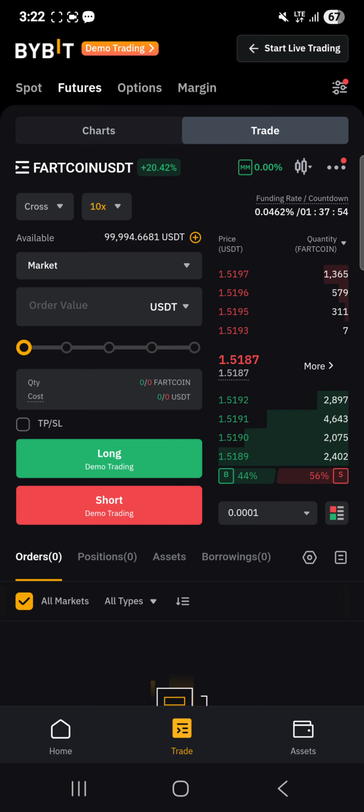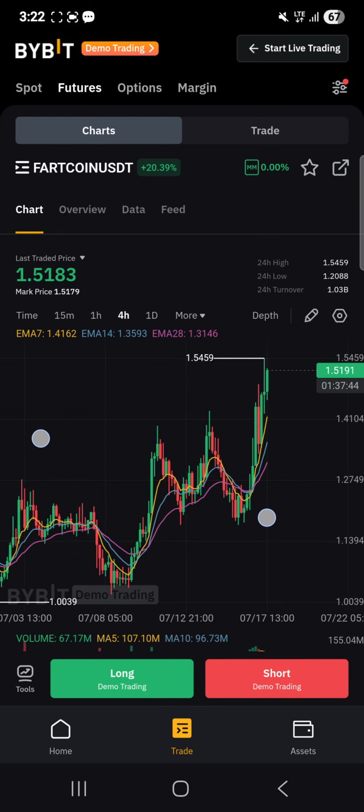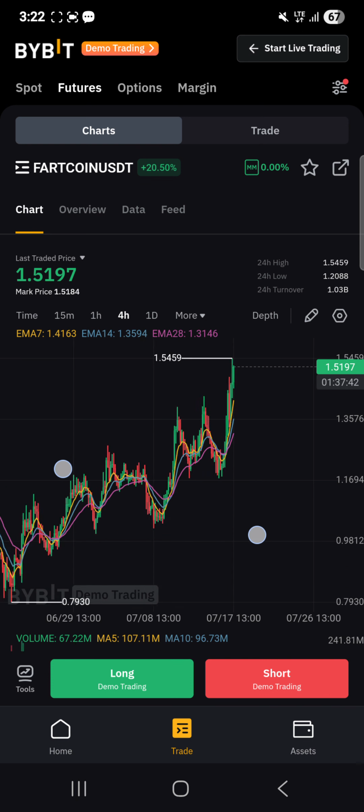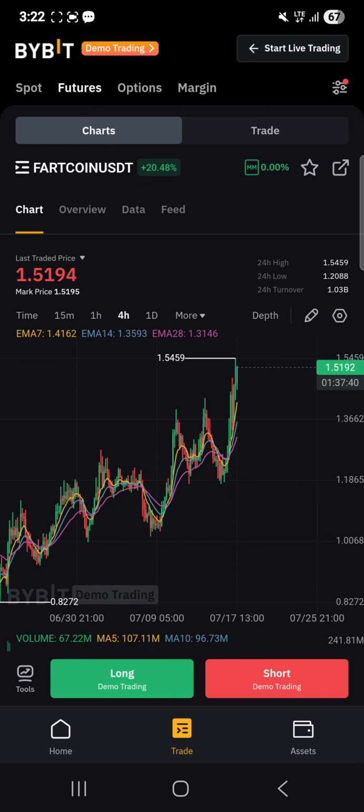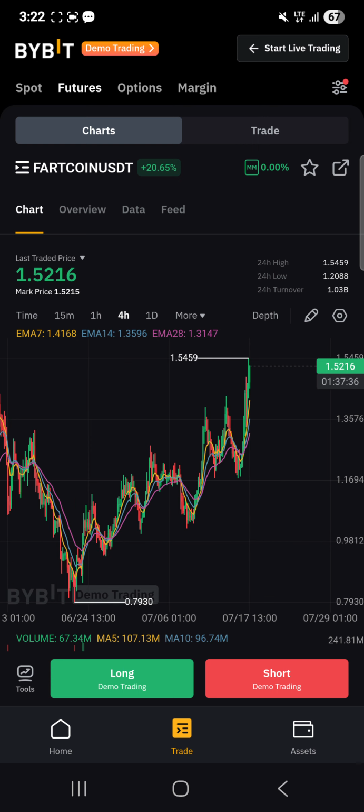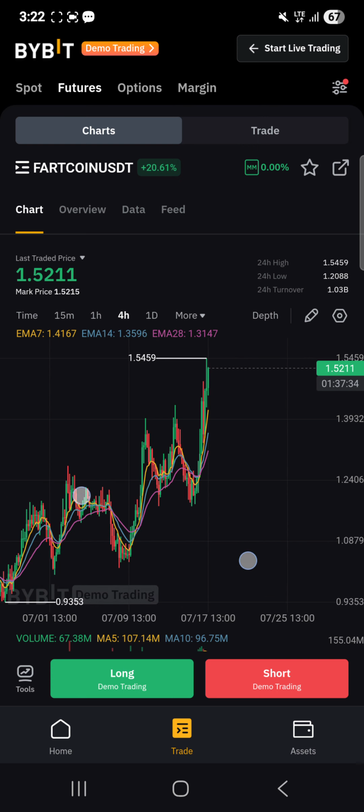I don't know if you grasped that. Let's say I entered this Fatcoin USDT trade predicting that the price will get to 1.53 in the next 4 hours. And now for some reason the price went down to 1.51 or 1.50.